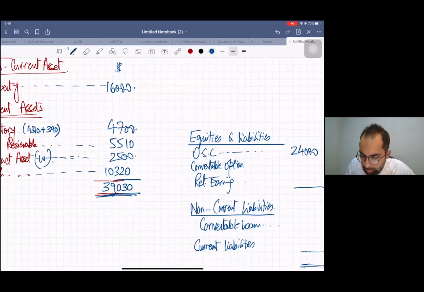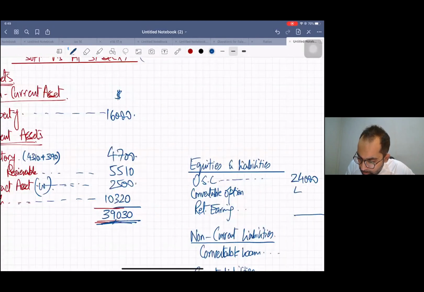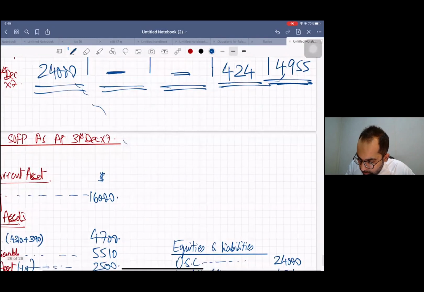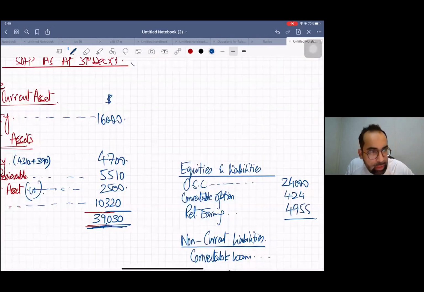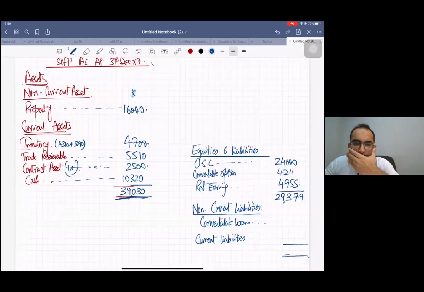Convertible option was I think 424. And retained earnings was 4955. Okay, so if you add this, 29379, this is the total equity.